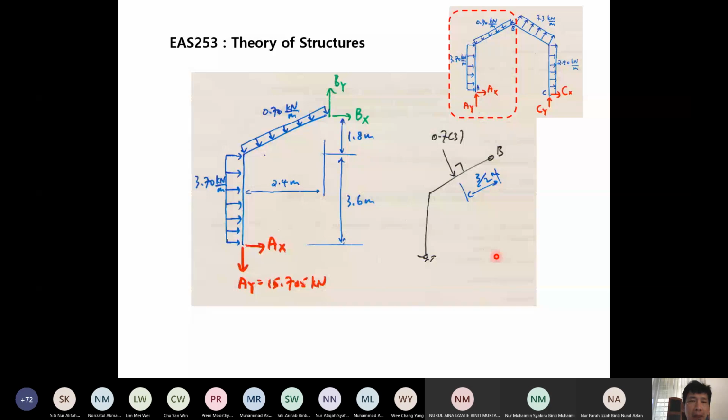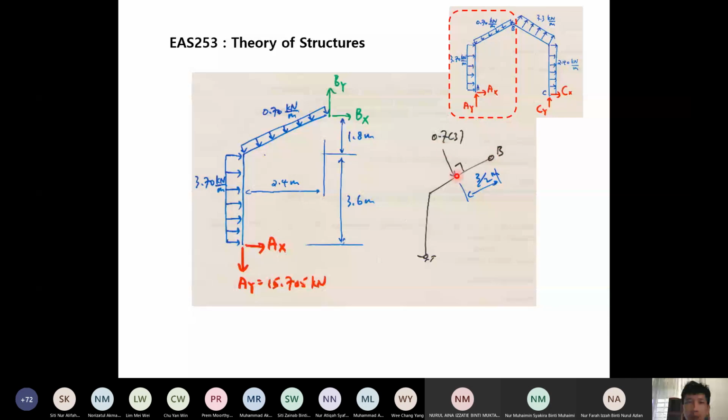For this particular free body diagram, if you want to take moment at B here, then here we can consider moment caused by this directly, and no need to use the component. You can also use the component X, component Y, moment caused by component X, moment caused by component Y at point B. It will be the same as if I consider directly this force and the perpendicular distance.